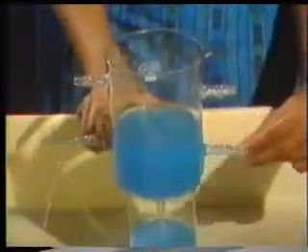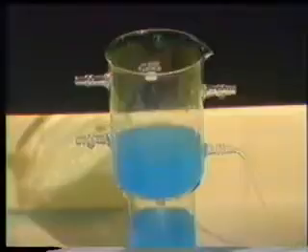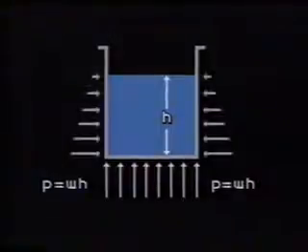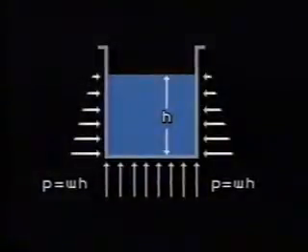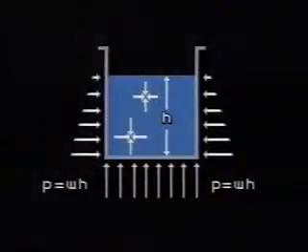This is because fluid pressure acts in all directions. This pressure is not only experienced on the sides of a fluid container, but also on any point within the fluid mass. At a given depth of immersion, the pressure force acts with equal intensity in all directions, but it varies with change in depth.